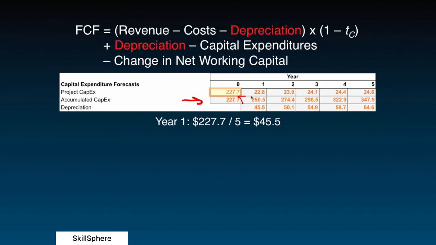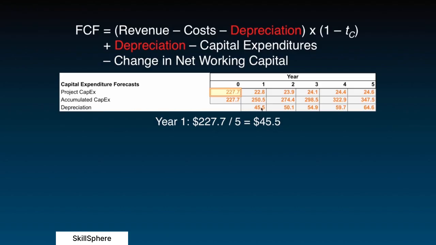So this 250.5 is the 227 plus the 22.8. The 274.4 is the 250.5 plus the 23.9, and on and on. The reason I'm doing that is to avoid keeping track of different vintages of capital stock, since they all face the same depreciation schedule, at least by assumption.